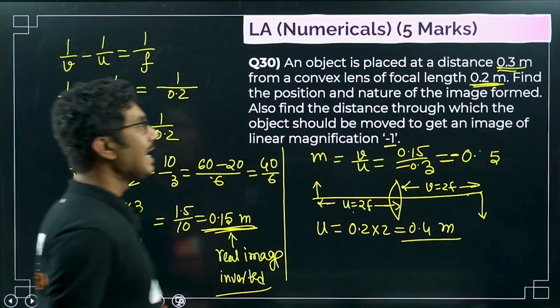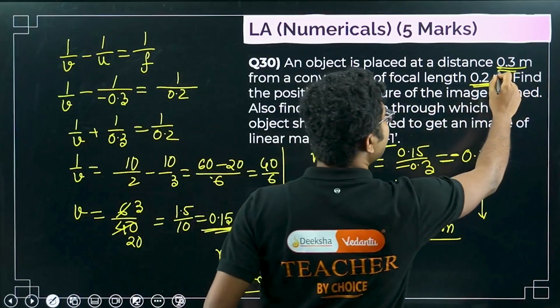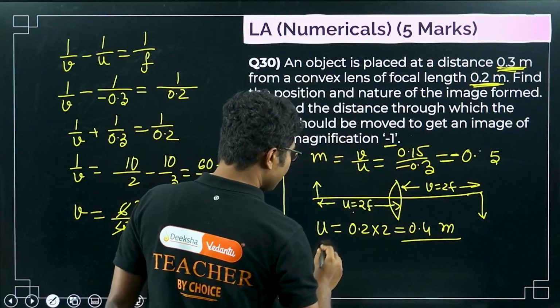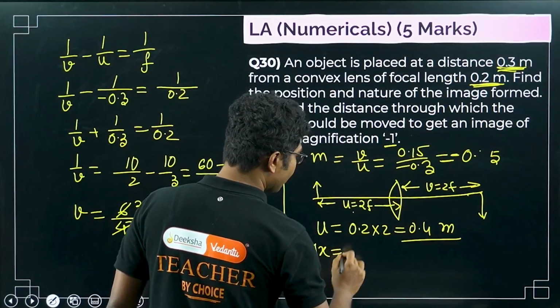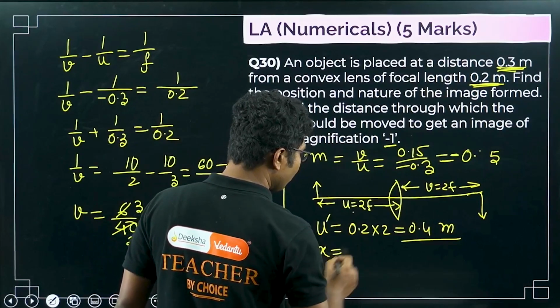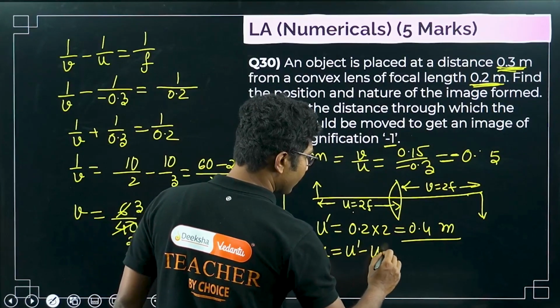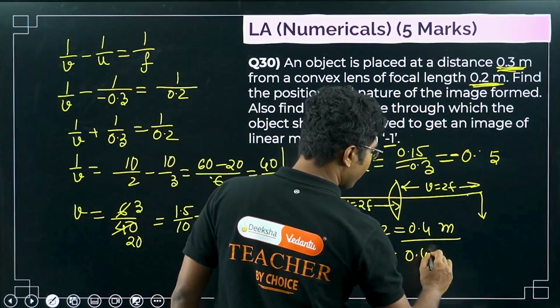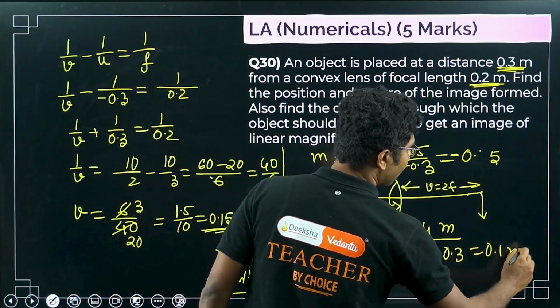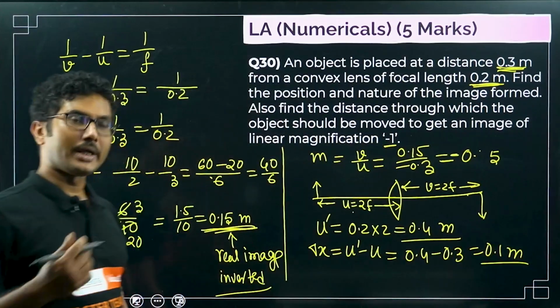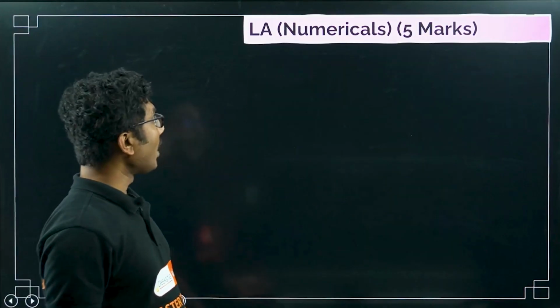Now how much distance should the object be moved? Initial was 0.3 meter, so the object should be moved by a distance delta x equals the new u dash minus u, that is 0.4 minus 0.3, that is 0.1 meter. Okay, so the object should be moved by a distance of 0.1 meter.